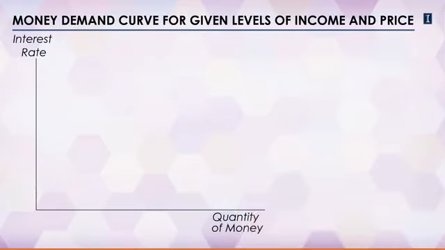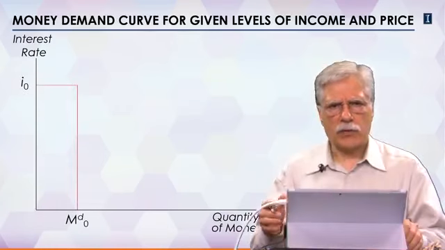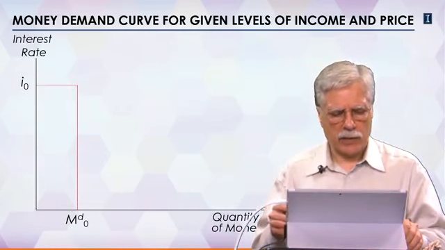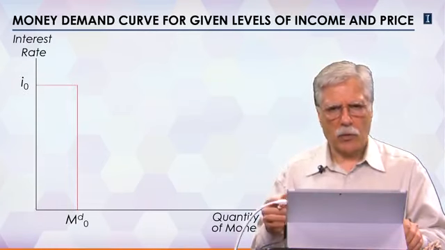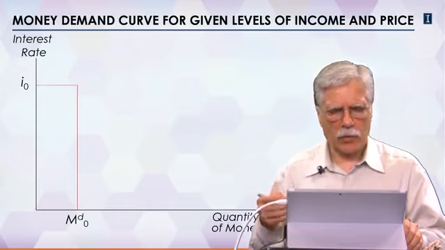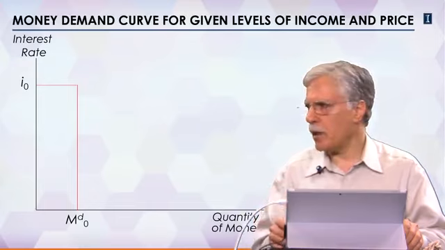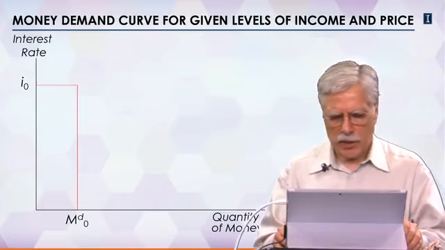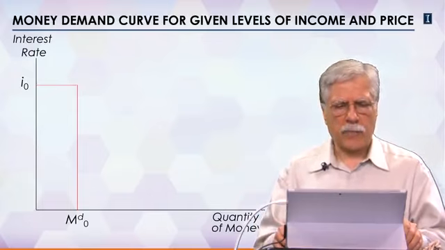One can also show the relationship between money and its determinants in graphic form, specifically the relationship between interest rate and quantity of money. Suppose the interest rate is given at I0 and people decide that they would like to hold MD0 as the amount of money in their checking accounts or as cash.